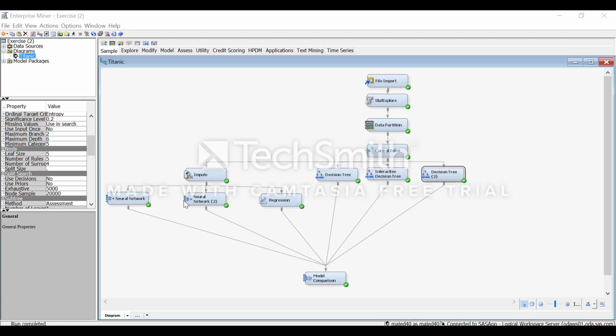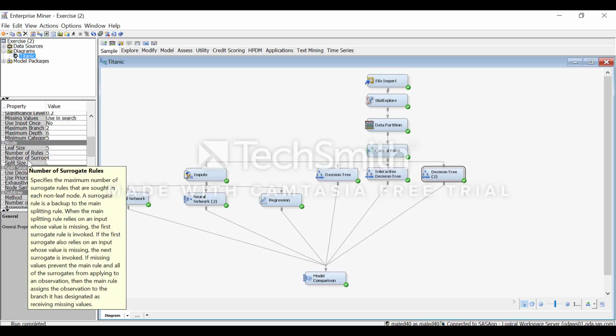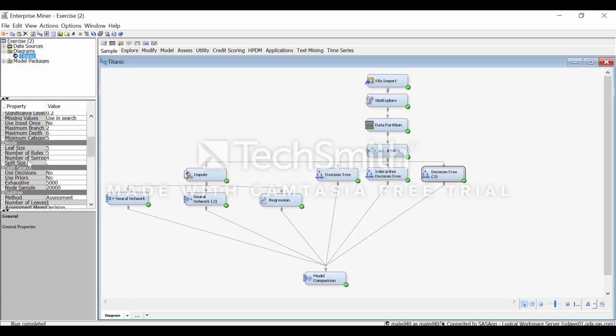Someone might ask why decision tree doesn't need imputation, and here comes my fourth concept. A decision tree can handle missing values, and to prove that, under Node there is a feature called number of surrogate rules, which attempt to deal with missing values by substituting them with other values.